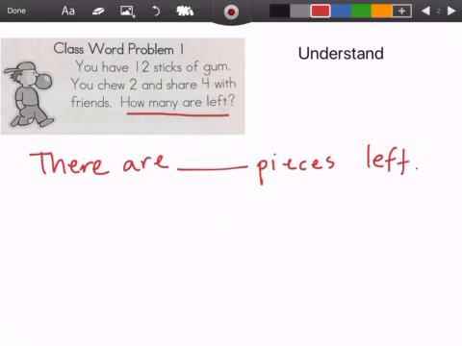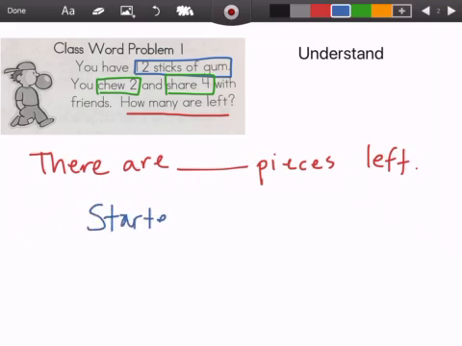Now, what are the things that we know? We know there are 12 sticks of gum. We know that we chew 2 and we share 4. Okay, now so I'm going to write down what we started with. We started with 12.